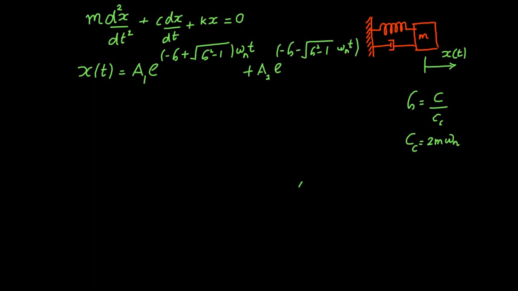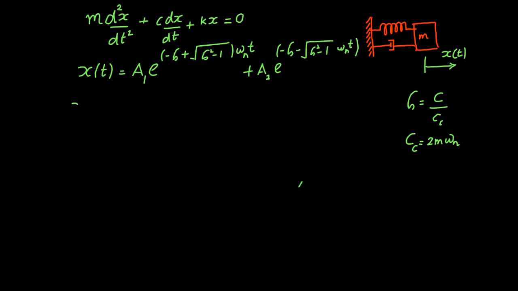Okay. Now, this expression is of the form e power a plus b. Now, if there is an equation of the form e power a plus b, you can write that equation as e power a into e power b. That is what I'm going to do in the next step. So let me continue.